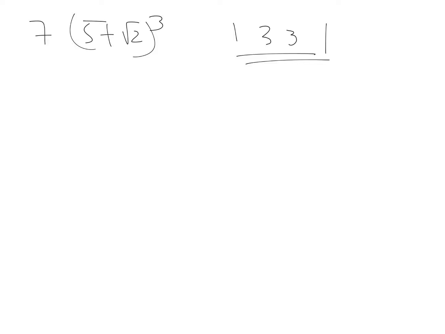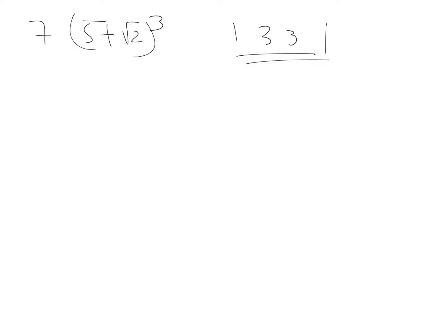And now for question 7. We're told to do a binomial expansion of (a + b) cubed to write (5 + root 2) cubed. So question 7, we want (5 + root 2) cubed. Now binomial expansion cube would be 1, 3, 3, 1, from thinking of Pascal's triangle.